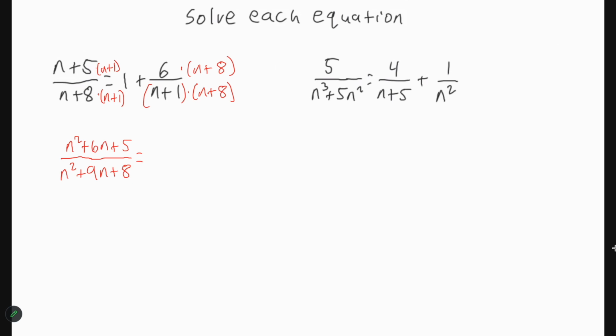Remember, when you're multiplying those, you need to multiply everything on the left by everything on the right. So you multiply that all the way through and you get those.